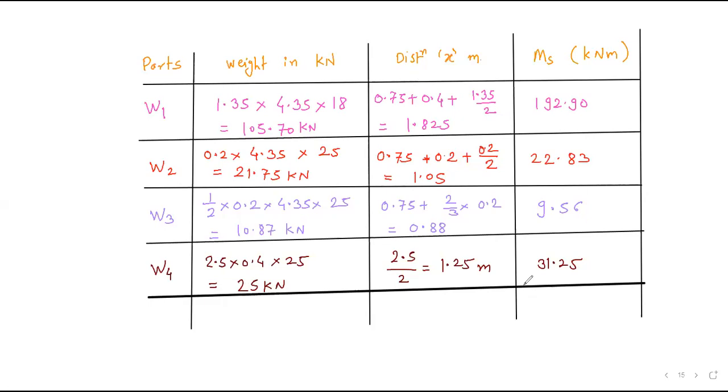It is 256.54 kilonewton meter. This is the summation of all moments. This is summation MS, the stability moments.